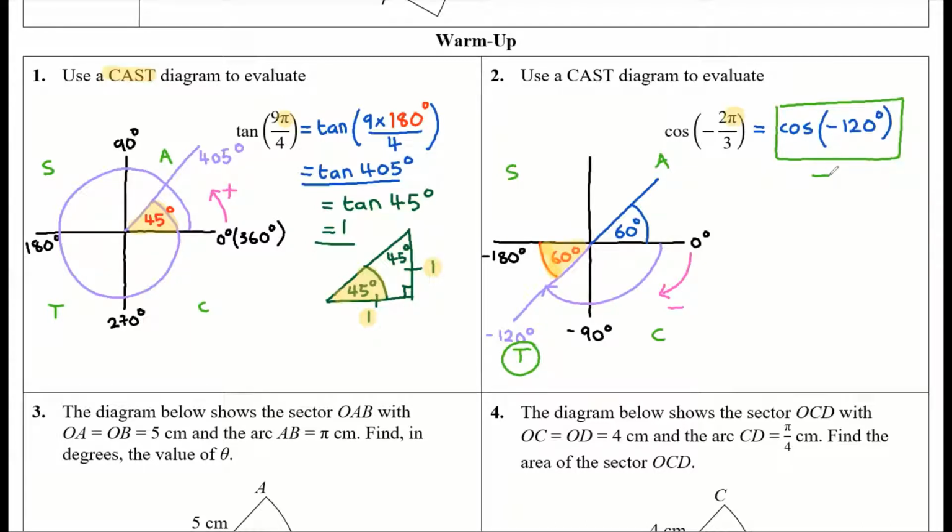And we also know that in the acute section where all are positive, the cosine of that angle must be positive. So the only way to reconcile this is if we change the sign. So this must equal negative cosine of 60.